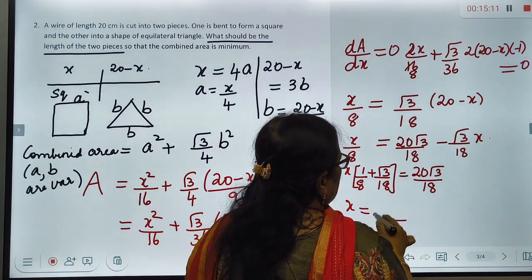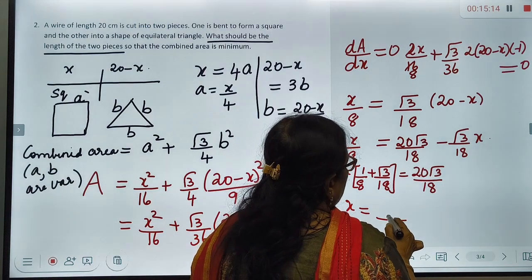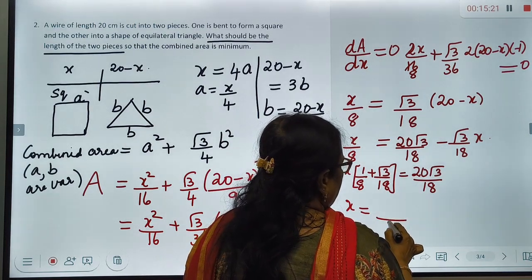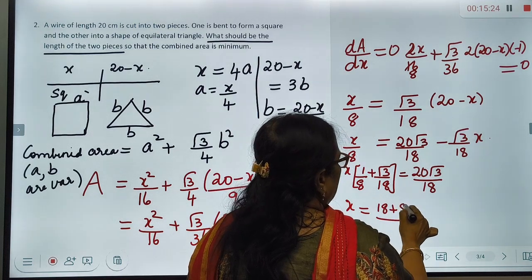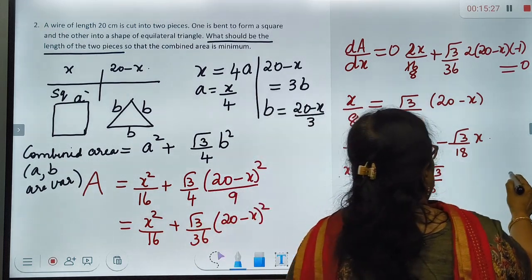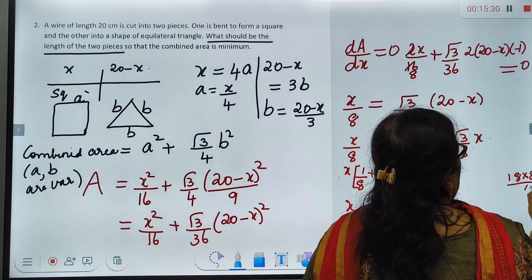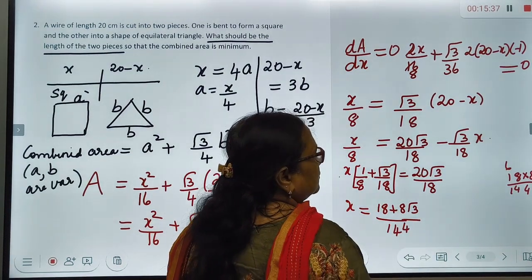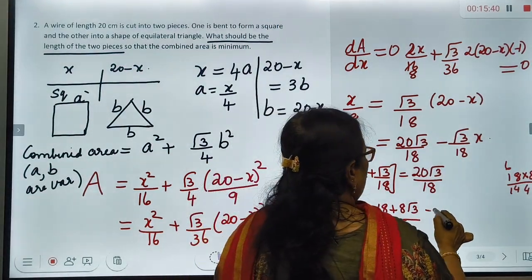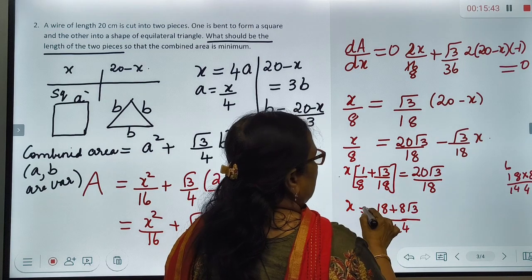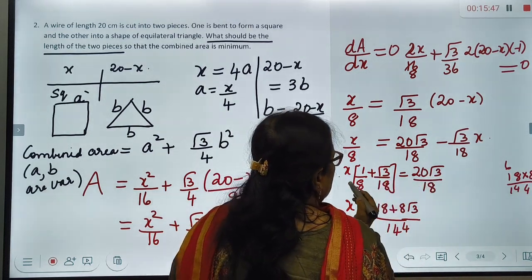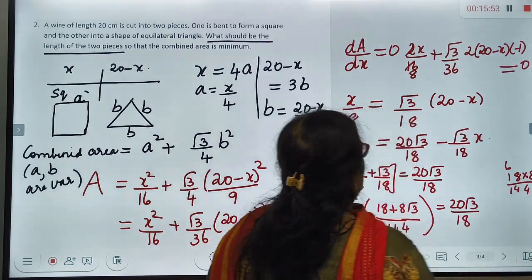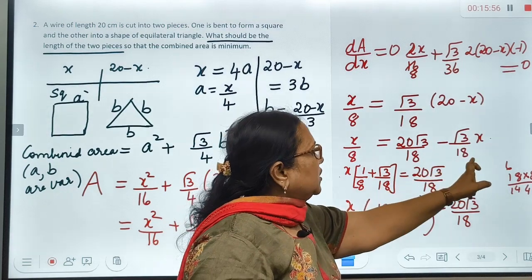So I will take LCM of 8 and 18, which is 144.